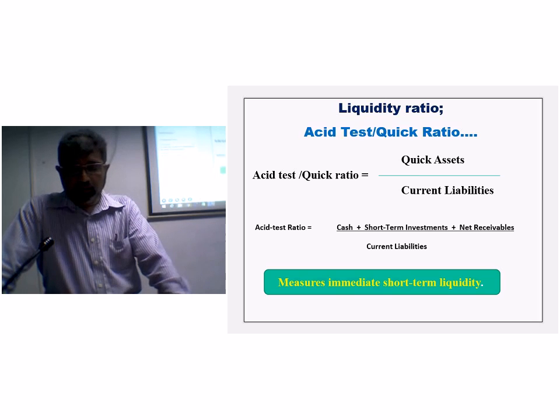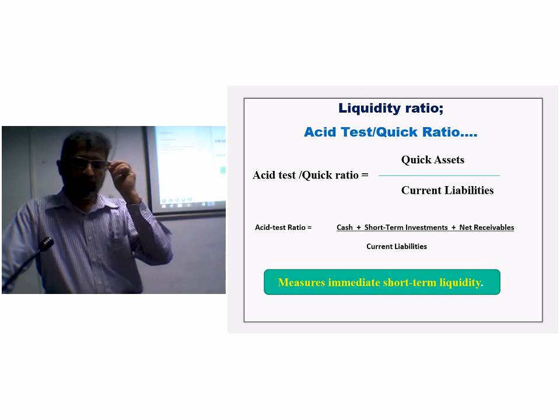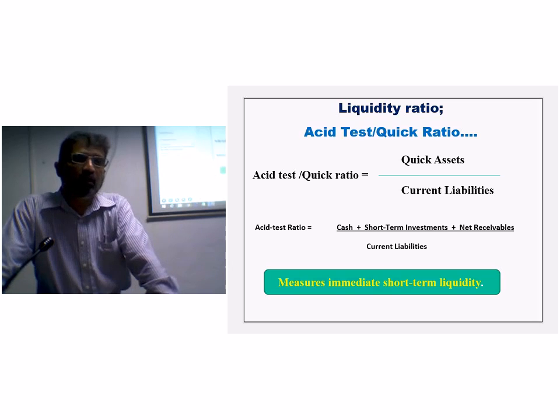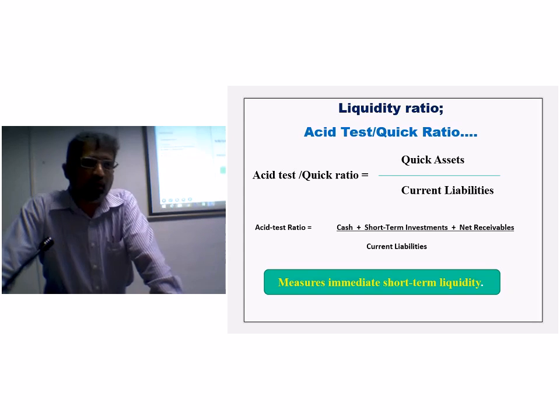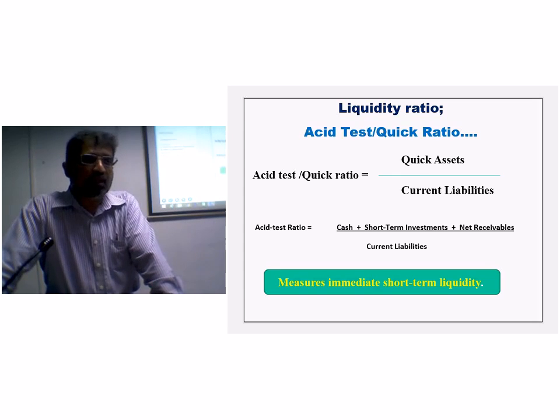It is not 100% correct because in some cases we can see other less liquid assets rather than stocks, right? In some cases stocks have higher liquidity than debtors, right? Then if you have that type of situation, your less liquid asset is debtors, right?